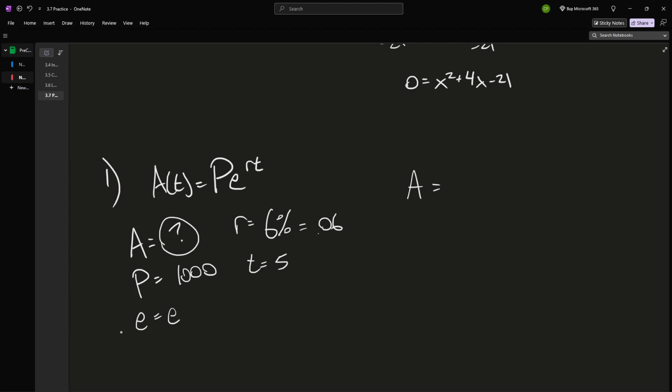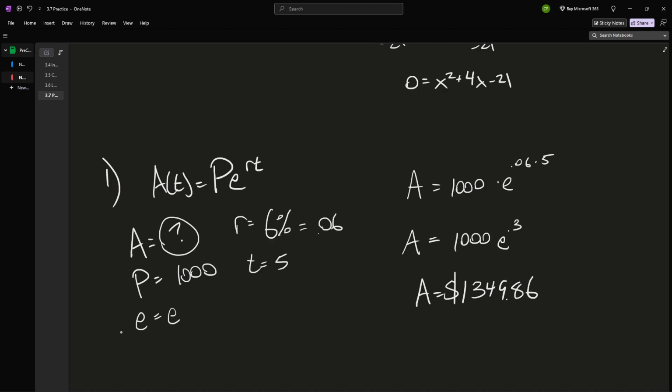So A equals 1,000 times E to the 0.06 times 5. 1,000 E to the 0.3. And you have A equals 1349.86. And for this stuff, I expect us to not need to know what to round to. For money, it's always 2 decimal places.